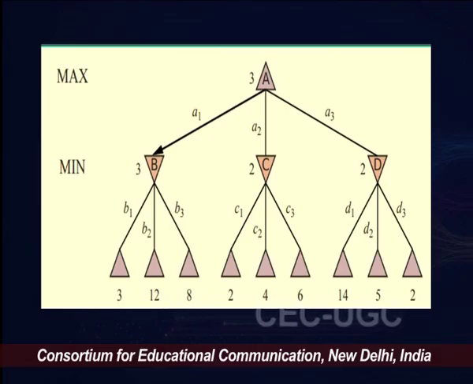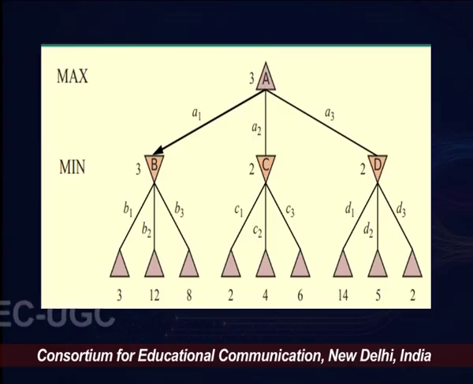So, here we have a max, and the direction of the triangle is going in the upward direction, that means it is representing max, and at the min level the triangle is going in the downward direction, that means it is representing the min level. So, from A, your max can choose A1, A2 or A3.